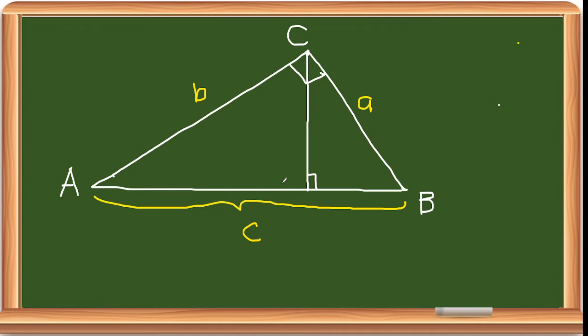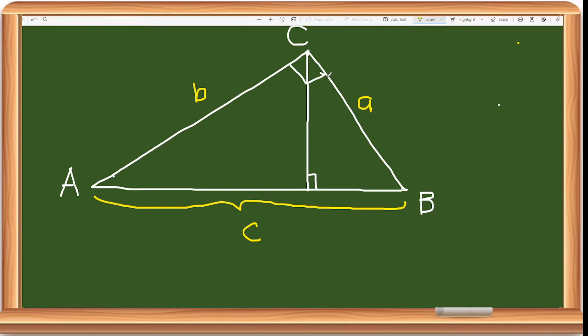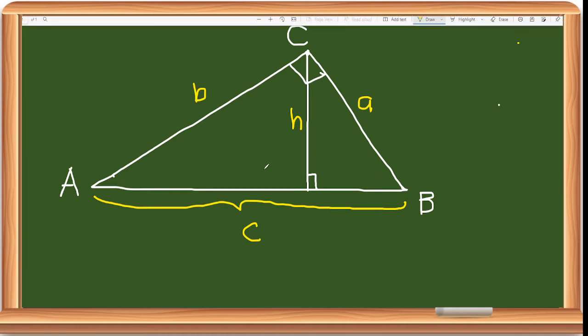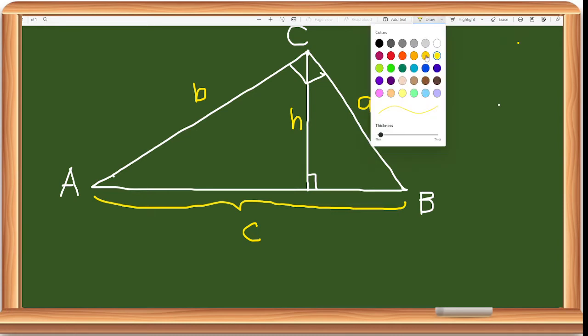hindi kayo maliligaw, no? So, let's have in this triangle, yung sa medyo malaking triangle, etong altitude, ipangalan nating H, which is actually one of the legs of the two triangles involved here that was formed. No? And then, etong, hindi, ibahin natin yung H. Gawin nating kulay green.